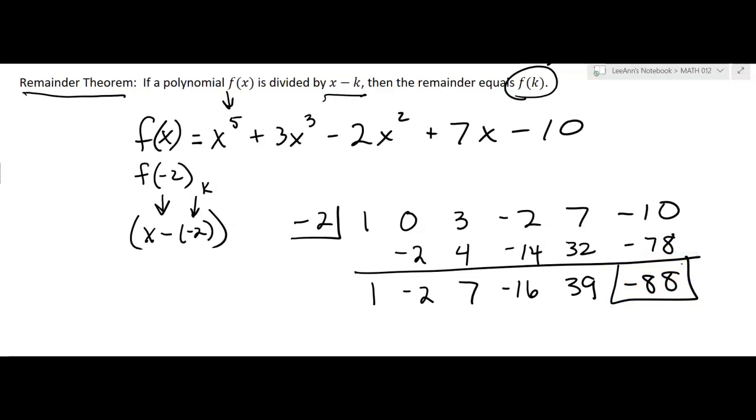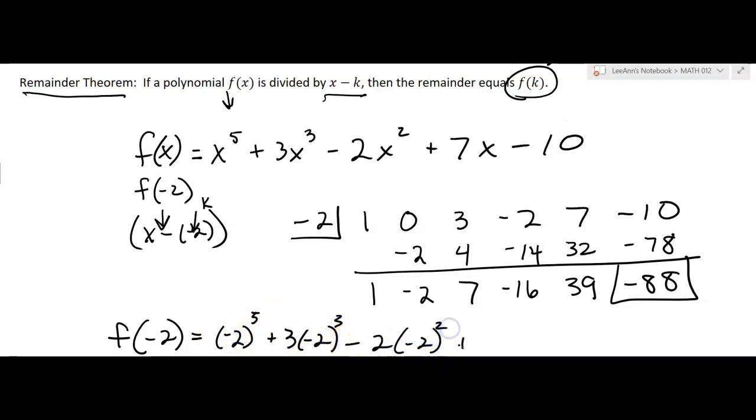So in other words, if I were to find f of -2, and I plugged that all in, -2 to the 5th, plus 3 times -2 cubed, minus 2 times -2 squared, plus 7 times -2, minus 10, and I did all that work, I should get -88, if my math's right. I think I did okay. Like I said, I just made this problem up.